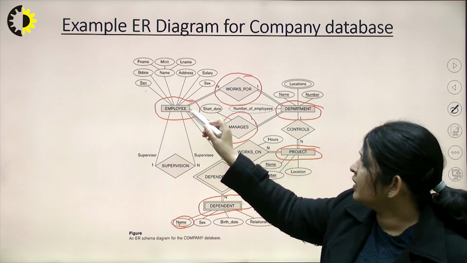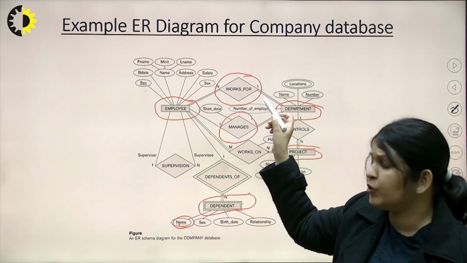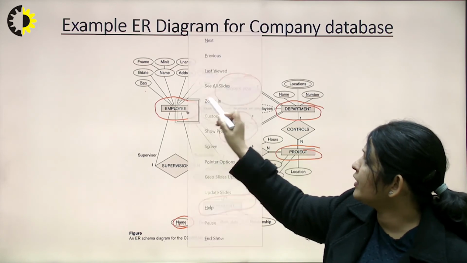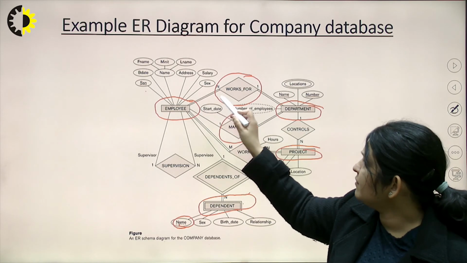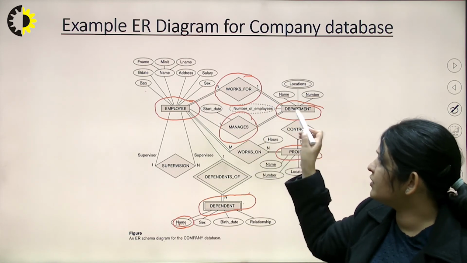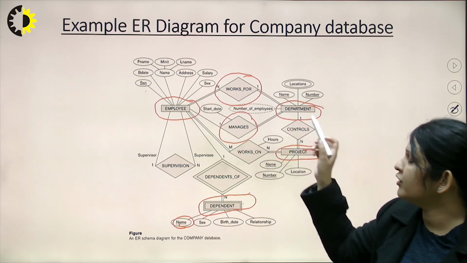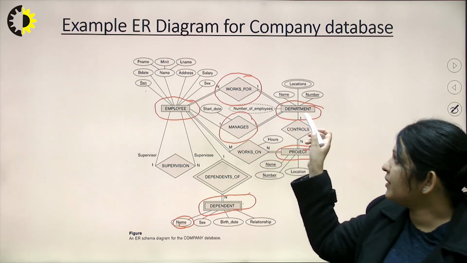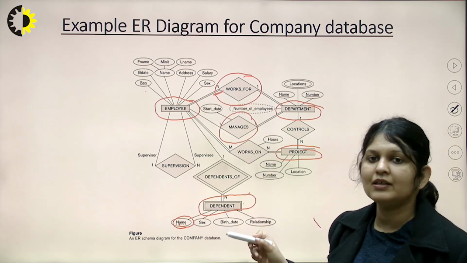Now for the cardinality ratio, one employee works for one department, and a department can have many employees, so its cardinality is written on the other side.